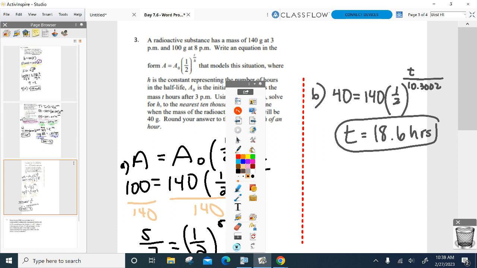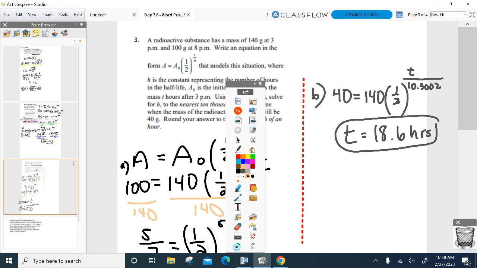Your log of 2 7s over log of 1/2. Yep. Oh, we would divide by. She would multiply by. Because you get T over 10.3002 equals that decimal.